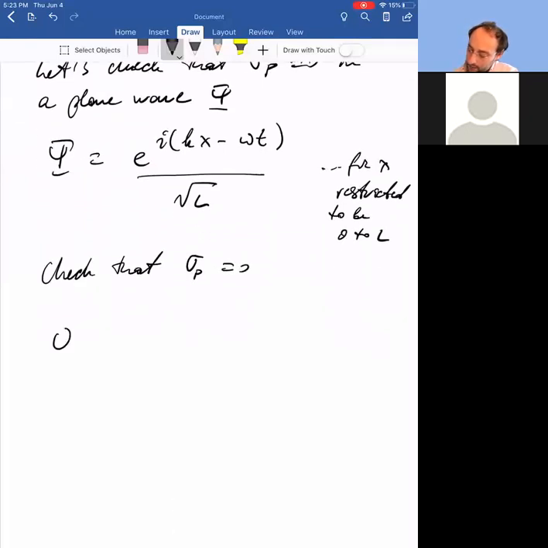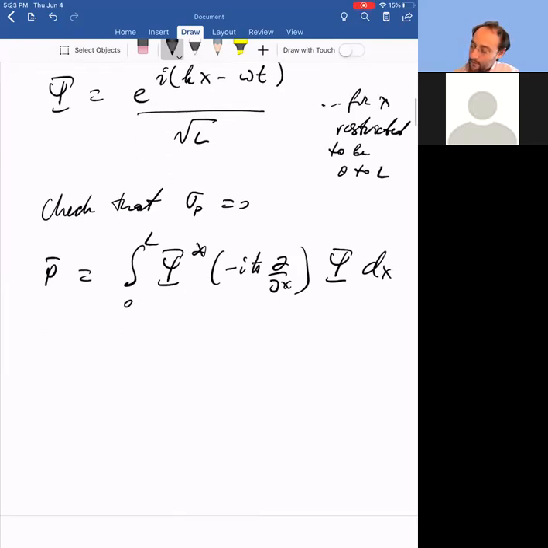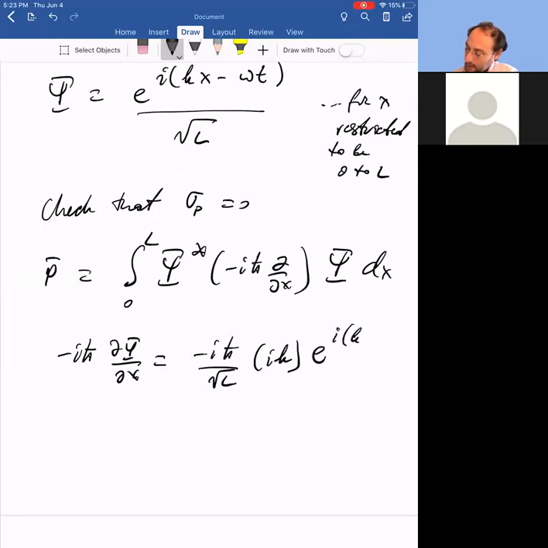Okay, so first, expectation value of P equals the integral between 0 and L of psi star times minus i h bar partial x of psi dx. Minus i h bar partial psi partial x equals minus i h bar over root L times i k times e to the i kx minus omega t.